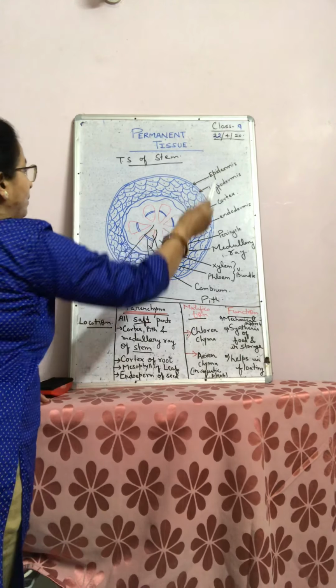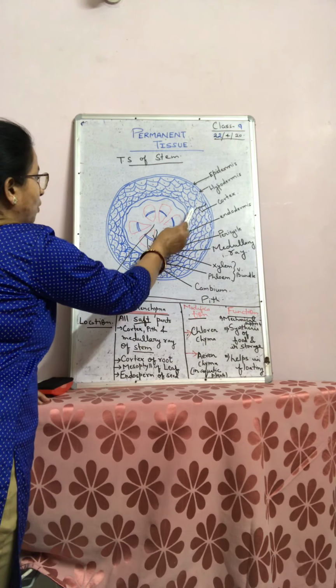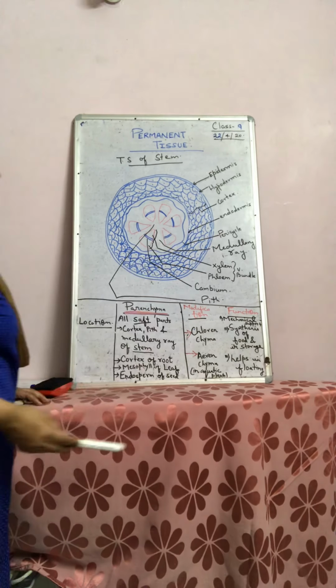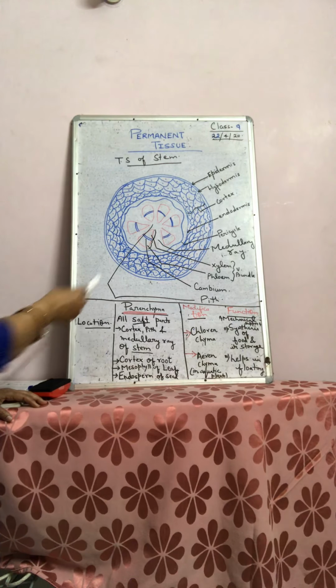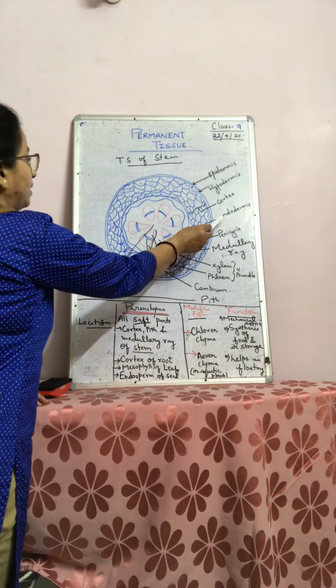Just beneath the epidermis, the hypodermis is present, and after that a large number of layers of cells are present. Collectively this is called the cortex, and the cortex ends in the endodermis.